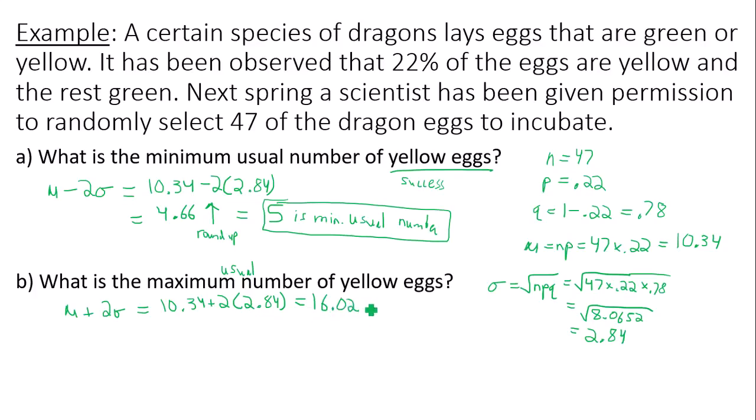And maximum number you always round down, regardless. If this was 16.75, I would still round down to 16. So 16 is maximum usual number. That being said, usual number of yellow eggs would be between 5 and 16.